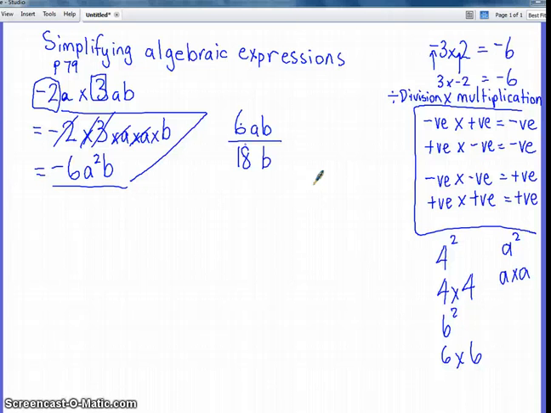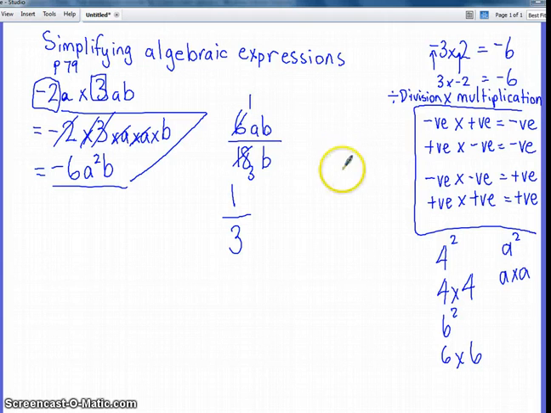I wouldn't say 3. Jess? Good stuff. How many 6's go into 6? 1. How many 6's go into 18? 3. So we've simplified that, and we've simplified that, yeah?